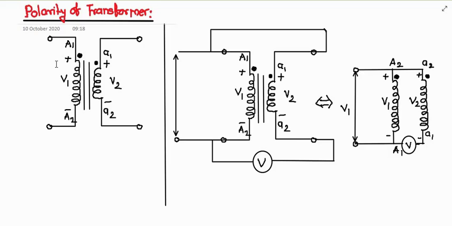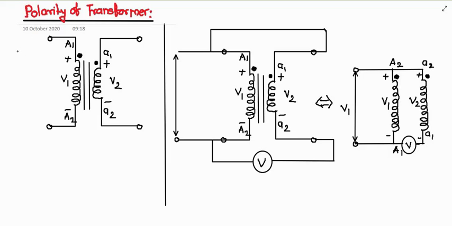If the two coils are mutually coupled, then the terminals which are bearing the dots will have in-phase induced voltages. The dots are marked on both the windings of the transformer as shown in this figure. The dots are marked on both the windings, that is primary and secondary winding, which indicates the similar polarity ends of the two windings.